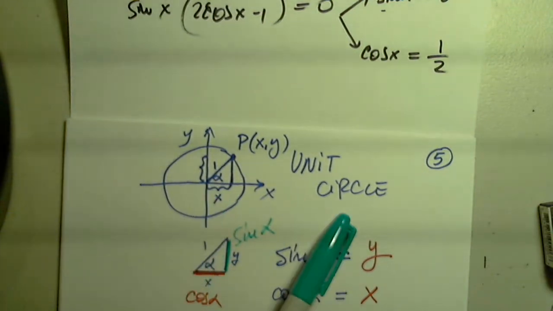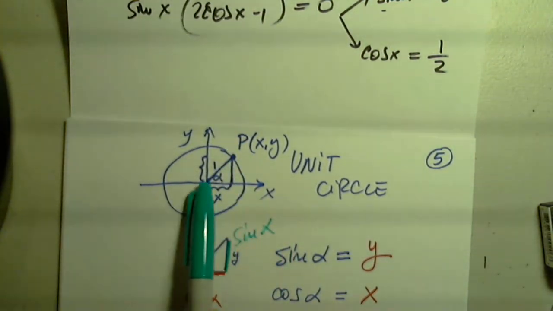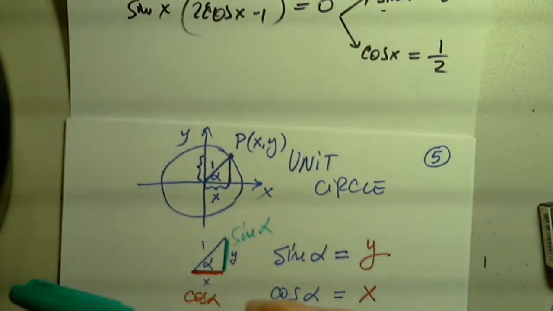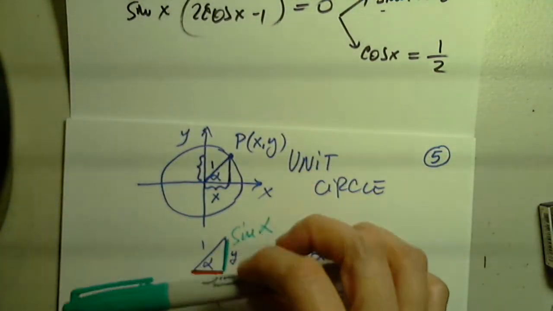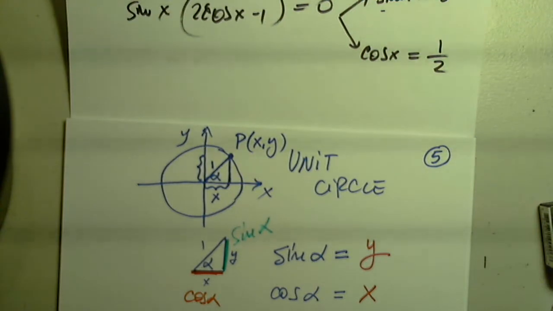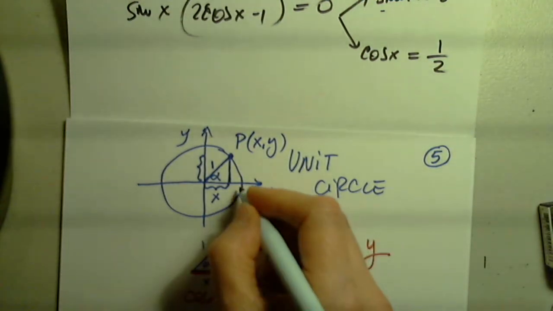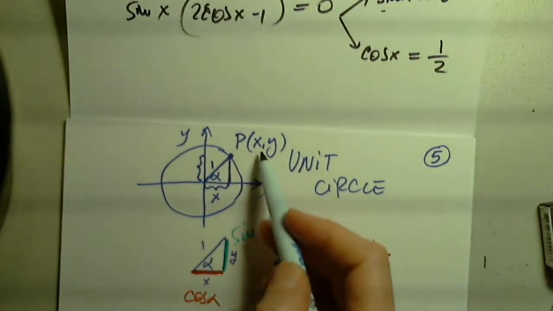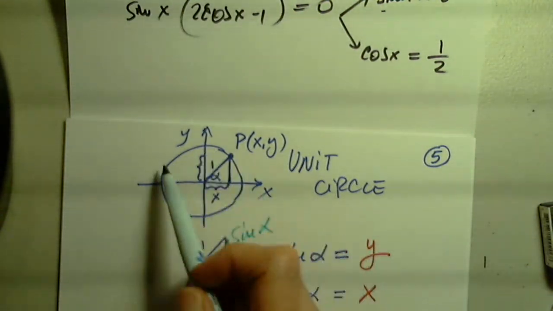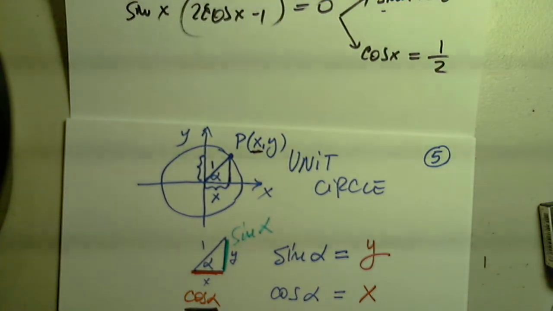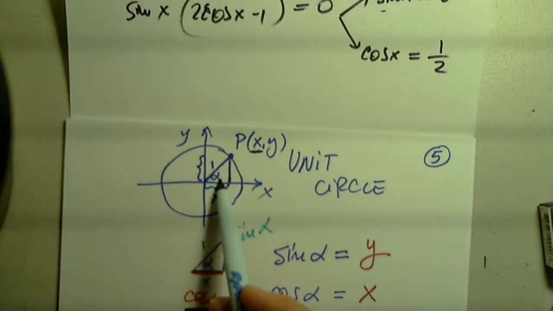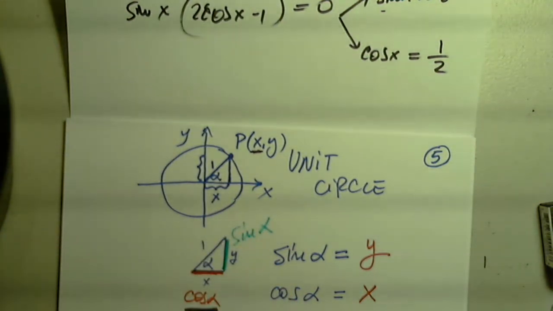So cosine is positive and negative. Sine is positive and negative. So now, knowing that, remember, any point on the unit circle has cosine of the angle first and sine second.